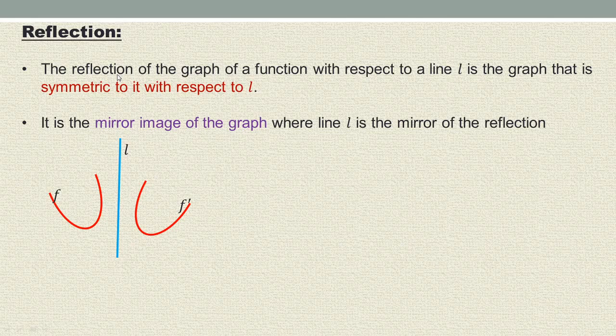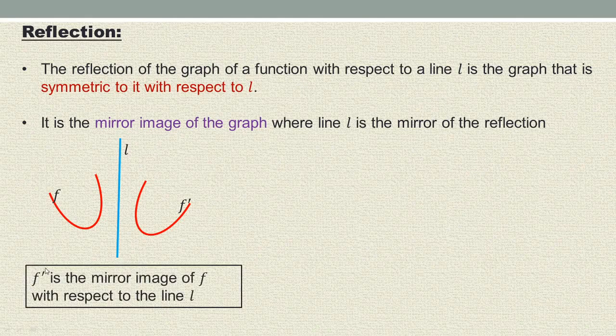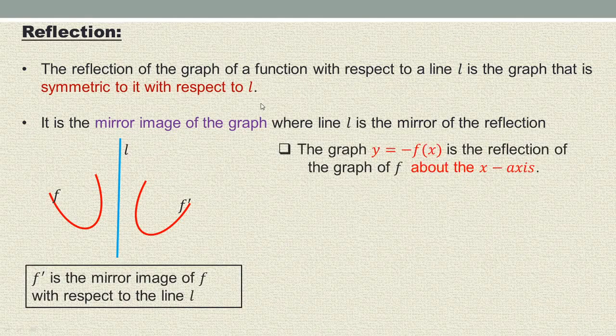In the first definition you can say that f and f dash are symmetric with respect to L. So f dash is the mirror image of f with respect to the line L. The graph y is equal to minus f of x is the reflection of the graph of f about the x-axis.